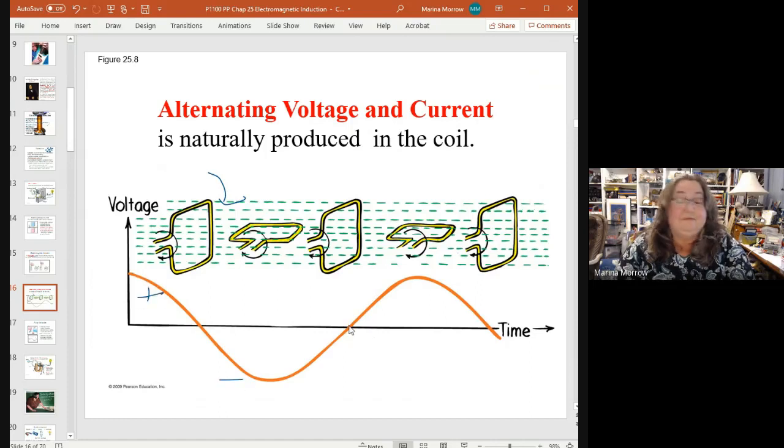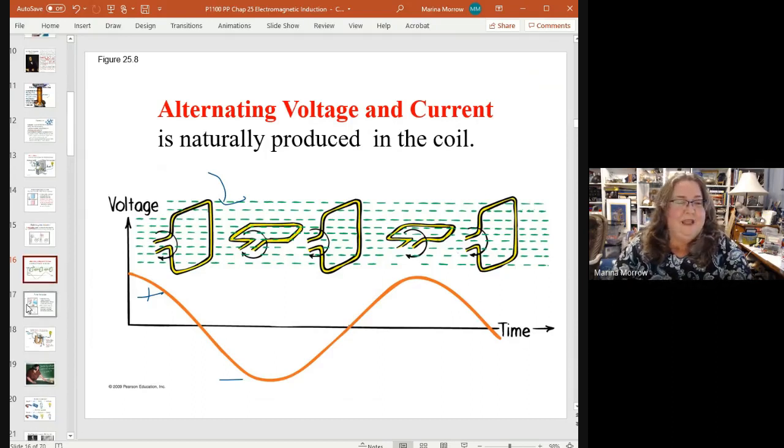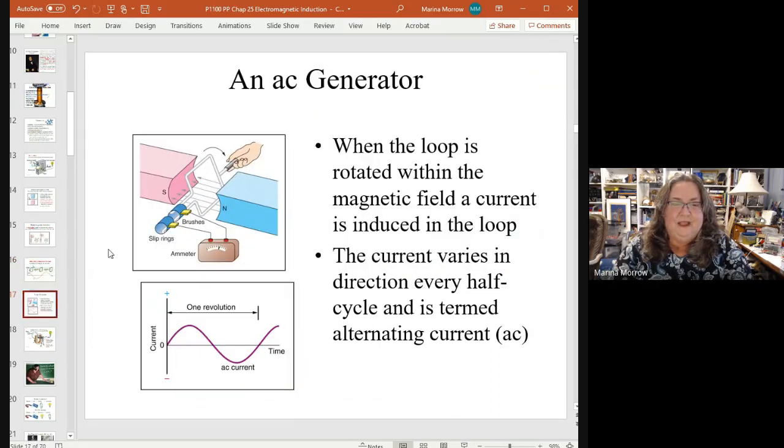Sometimes it's 0, okay? But we get this beautiful alternating current and voltage. So something has to rotate. You've got brushes that pick it up. And if you want to turn it, and so what happens is that you naturally make current, right?